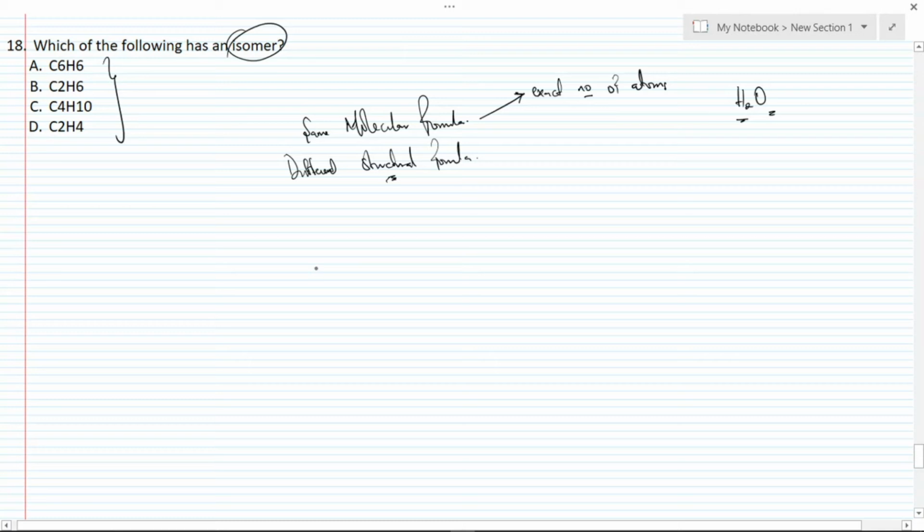So C6H6, that's benzene. That's option A. Benzene. Okay, let's use carbon representation, and obviously hydrogen.